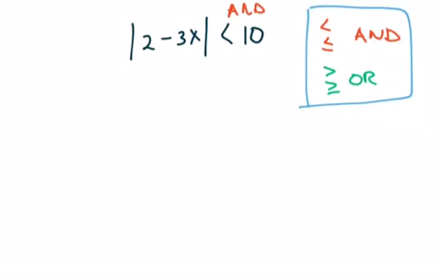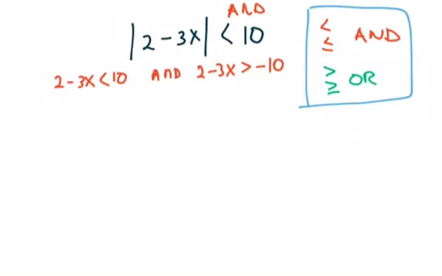So undoing the absolute value bars, we'll have 2 minus 3x is less than 10. And for the negative case, 2 minus 3x is greater than negative 10. So I flipped it for the negative.